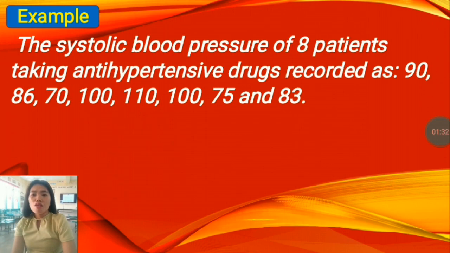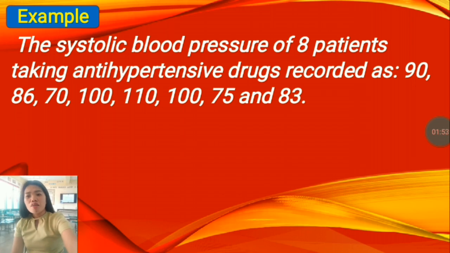Now let's have an example. For instance, the systolic blood pressure of 8 patients taking antihypertensive drugs is recorded as 90, 86, 70, 100, 110, 100, 75, and 83.